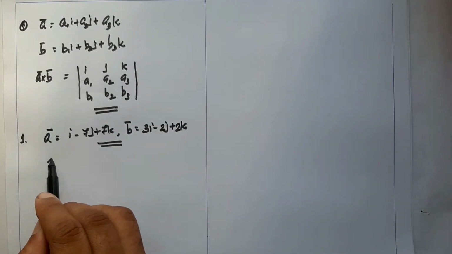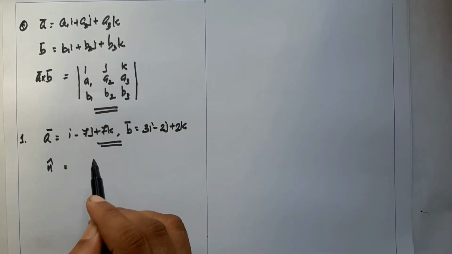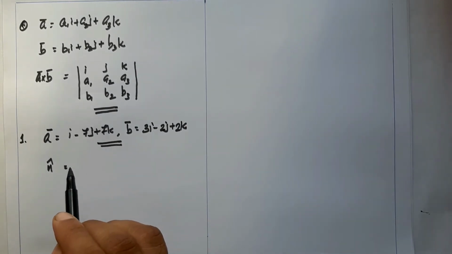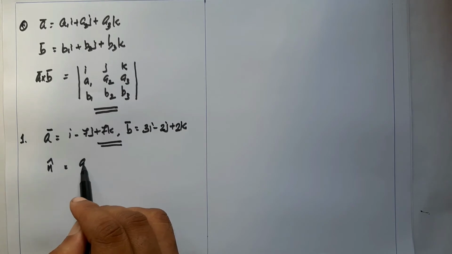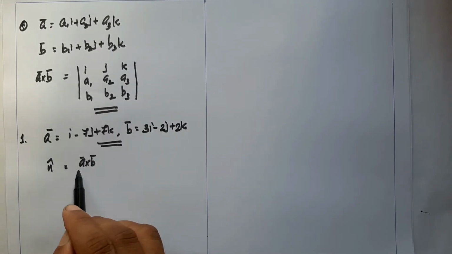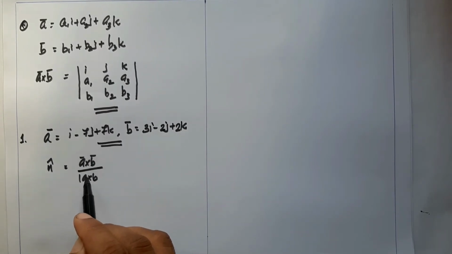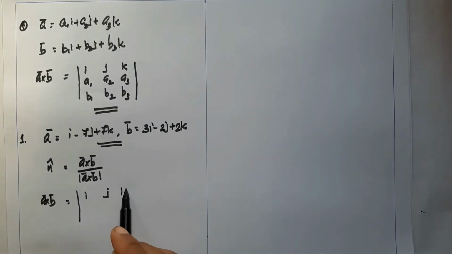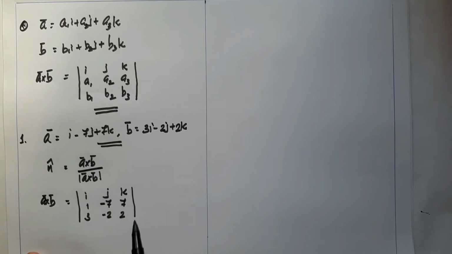The unit vector perpendicular to both A and B is given by the formula n cap is equal to A cross B divided by modulus of A cross B. First of all, we find A cross B using the determinant i, j, k. Vector A coefficients are 1, minus 7, 7, and B is 3, minus 2, 2.